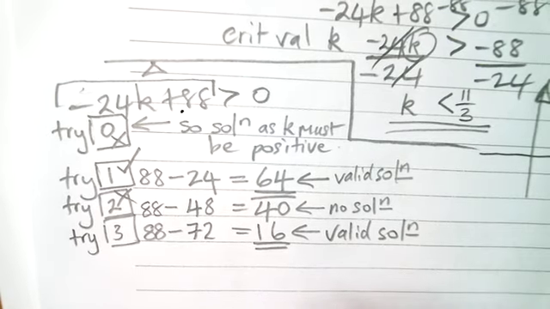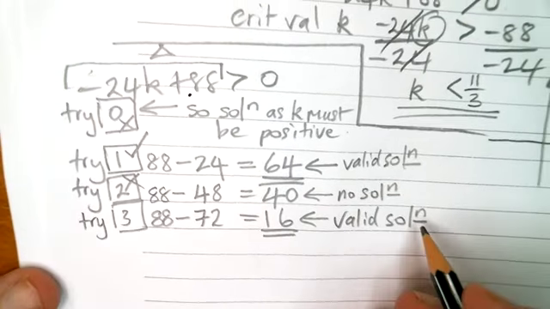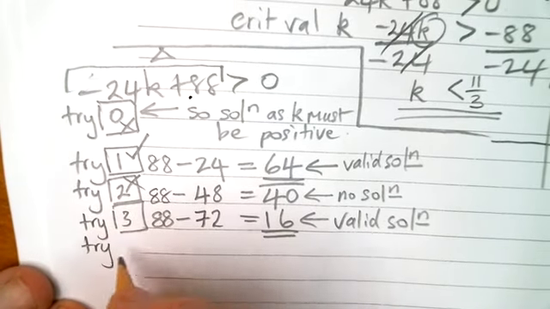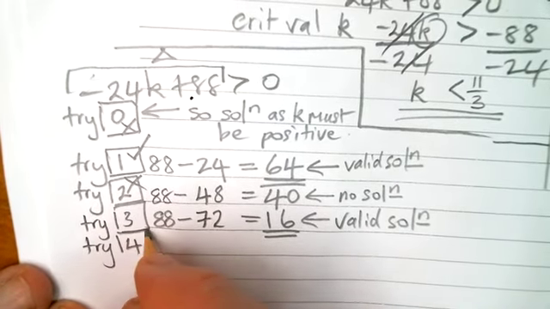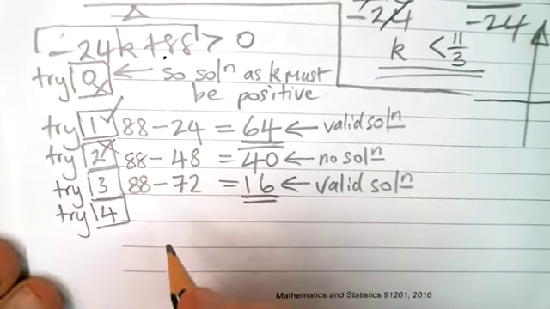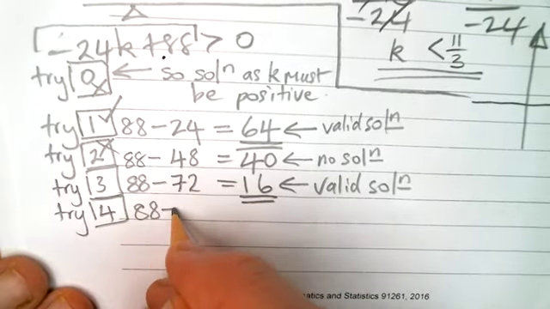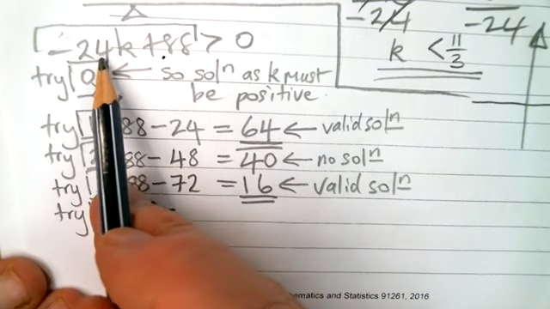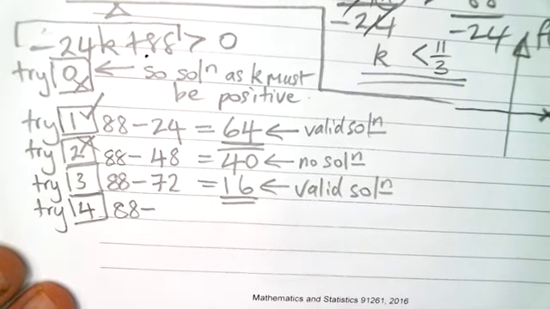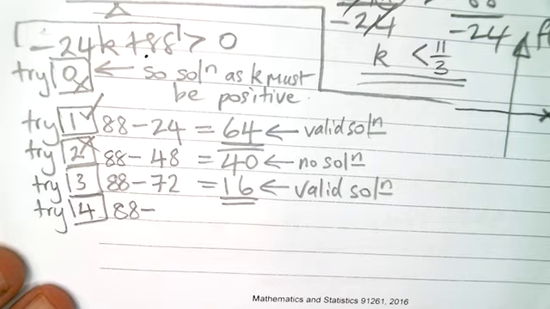And then we get to 4. Let's try 4. Because you might think we're going on forever here, but I can see why we wouldn't be. If I've got 88 minus 4 times 24, let's have a look at what that is, and that's interesting.